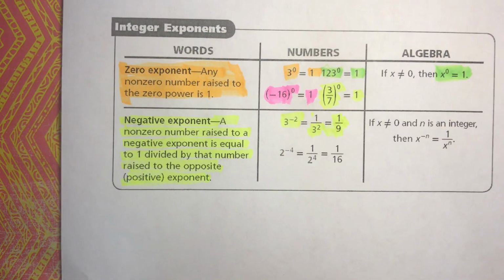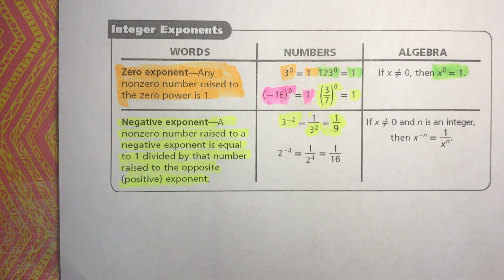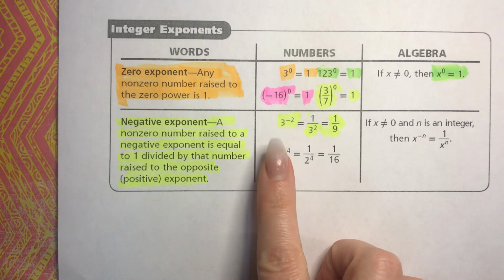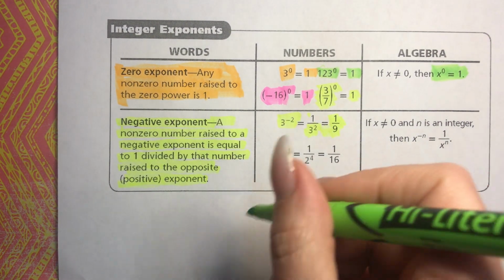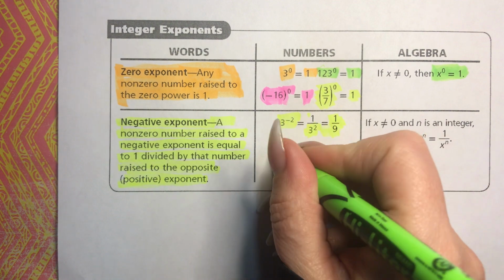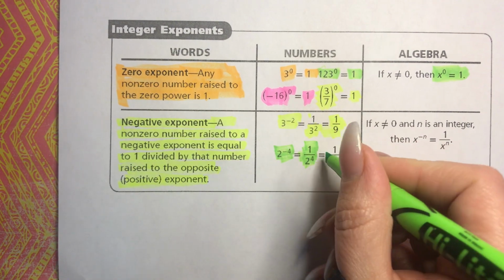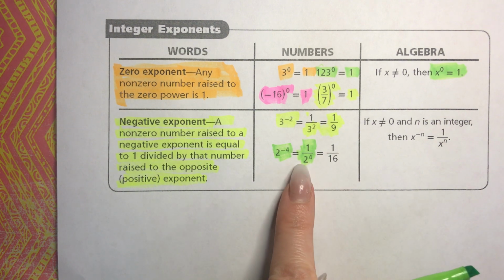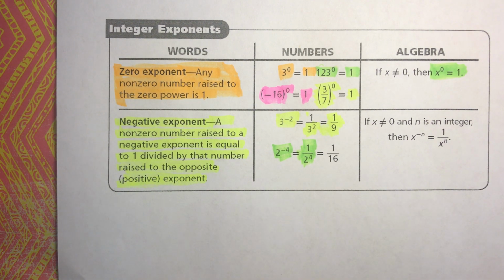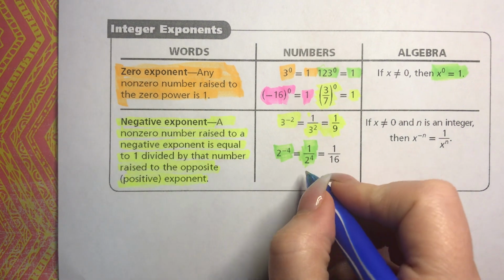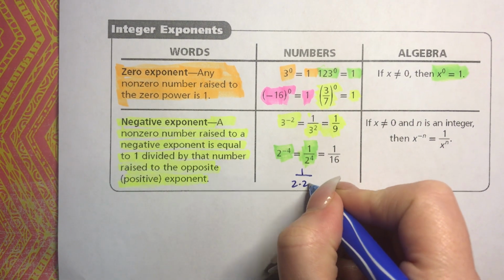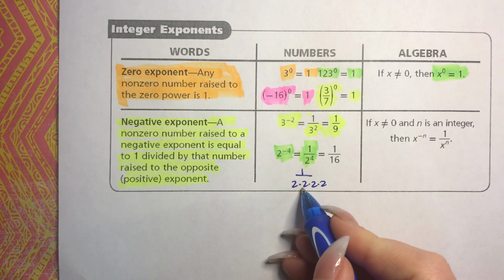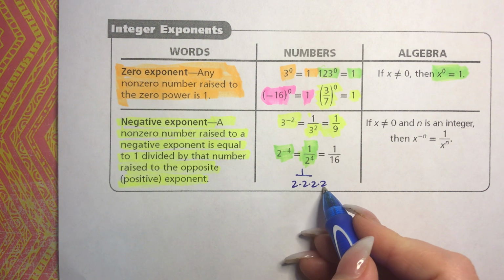And the same is true for this right here. 2 to the negative 4, you see that negative? Well, that's fine. That's okay. That's the same thing as 1 divided by 2 to the positive 4, which equals 1 divided by 2 times 2 times 2 times 2. 2 times 2 is 4. 4 times 2 is 8. 8 times 2 is 16.